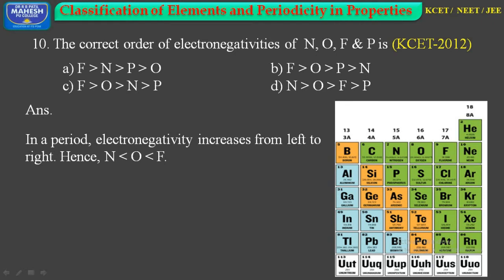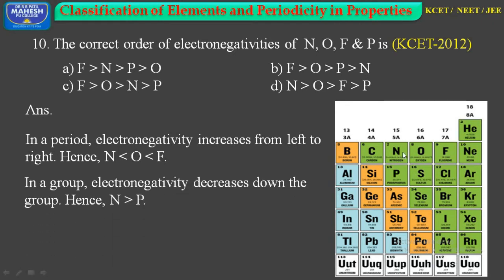But down the group, students, compare now nitrogen and phosphorus. Down the group, electronegativity value has to decrease.